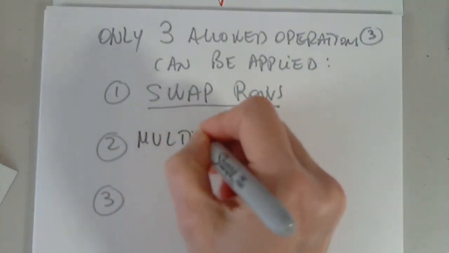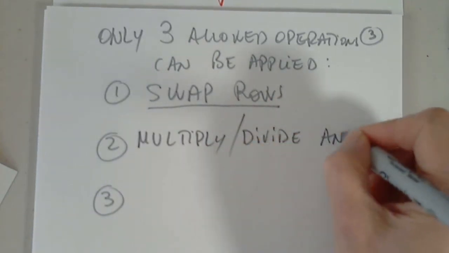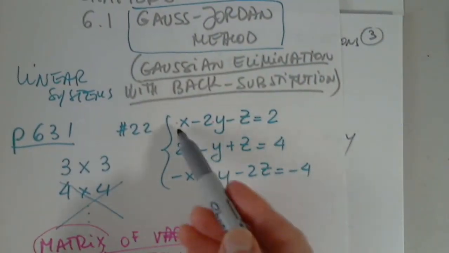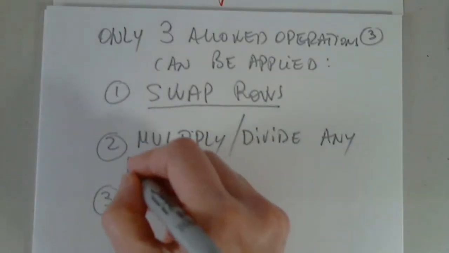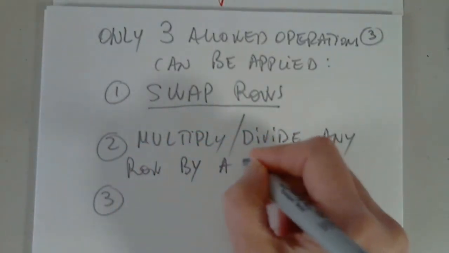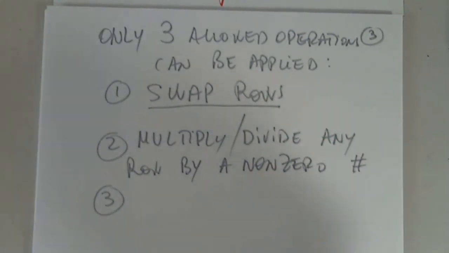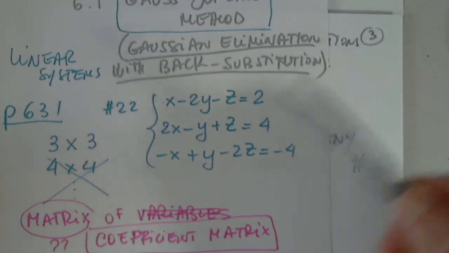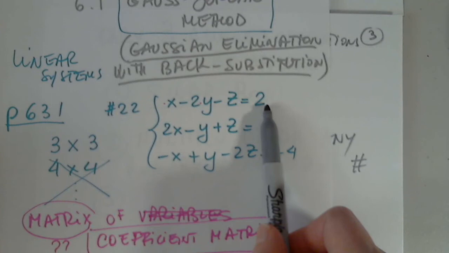multiply or divide any row. I know that any row means an equation. This is the first row, this is the second row. Multiply or divide any row by a non-zero number. It cannot be 0. Okay, have I done that before? Many times. I multiply this equation by 5 if I wanted to. 5x minus 10y minus 5z equals 10.